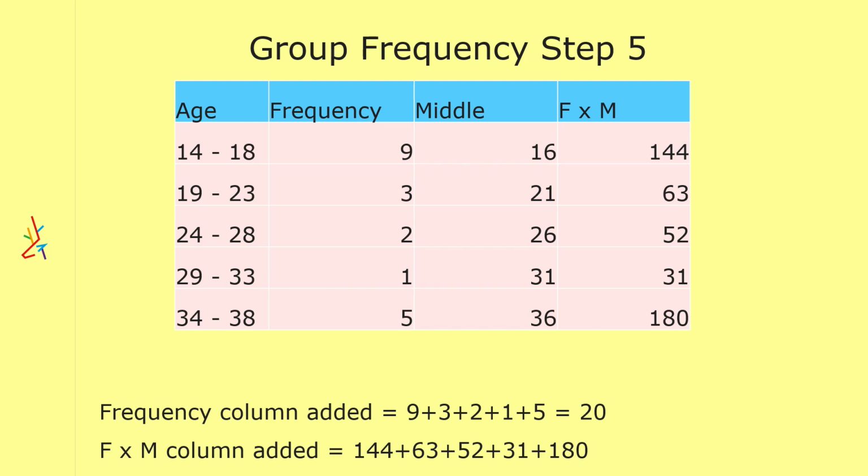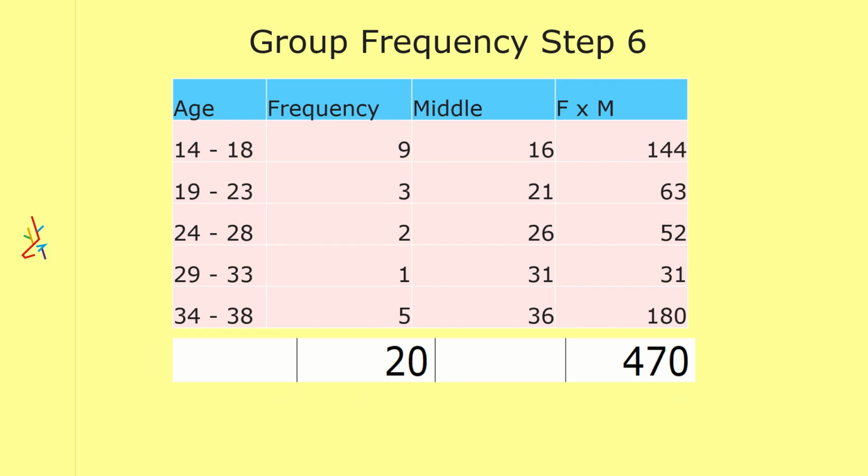That's irrelevant. You do not use it anymore. So just to repeat, you add the frequency, which would be 9 plus 3 plus 2 plus 1 plus 5, and you'd add the F times M, which would be 144 plus 63 plus 52 plus 31 plus 180. And those are the answers once you've added them up.